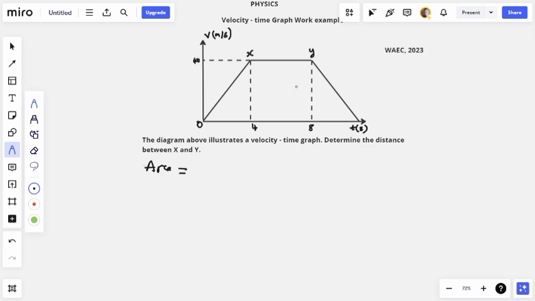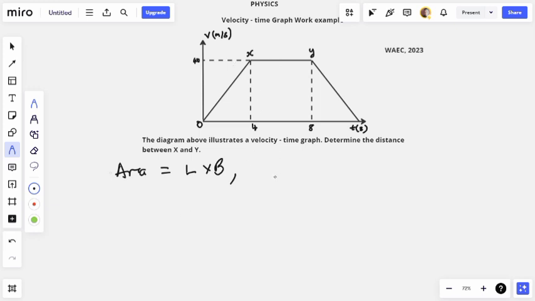Let's make it in a way that will be more understandable. So area of a square or rectangle is length times breadth.